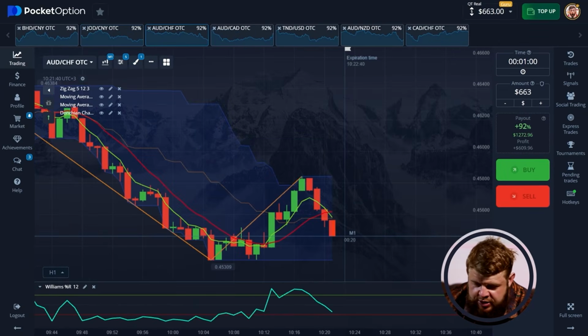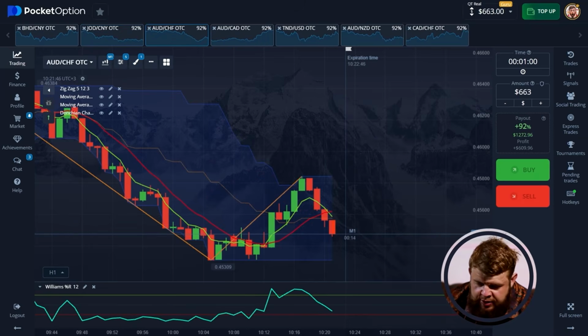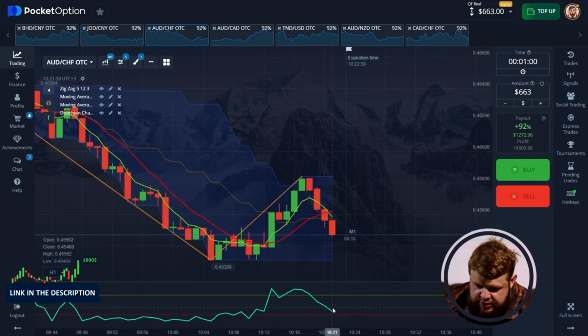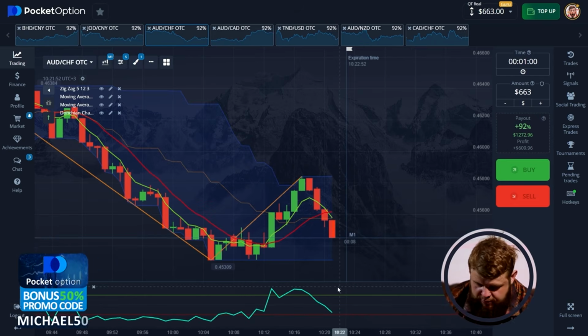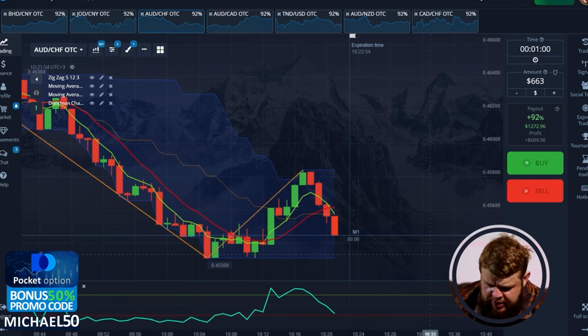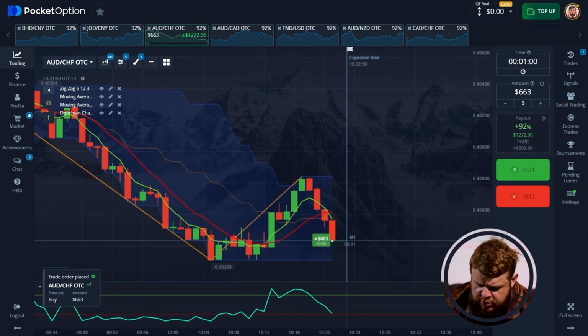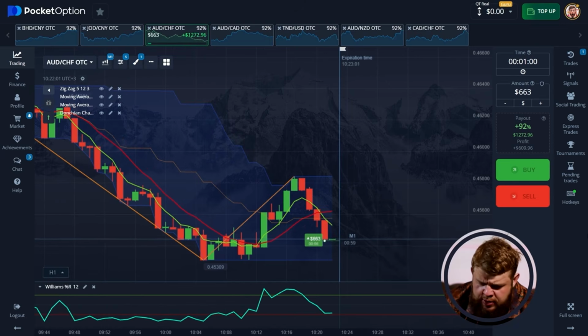Trying to open a position on the AUD CHF currency pair. And as you can see, we are moving in a declining channel right now. So according to the Williams, we still have some space for a potential drop, but actually it's better to open a buy position, because price is already slightly oversold, and moreover, now price is hitting the upgoing trend line.